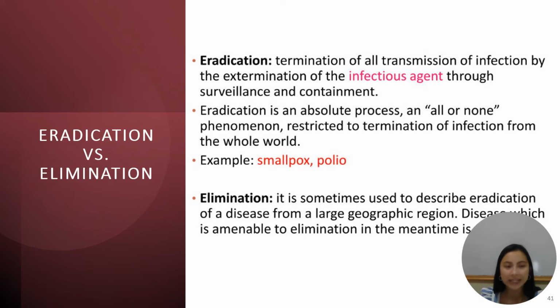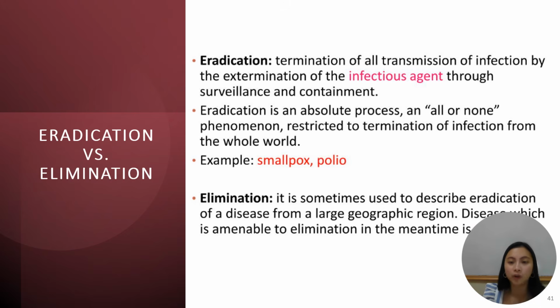So it's completely eradicated. On the other hand, disease elimination is a reduction to zero of the incidence of a specified disease in a defined geographic area as a result of deliberate efforts. Continued intervention or surveillance measures are still required.